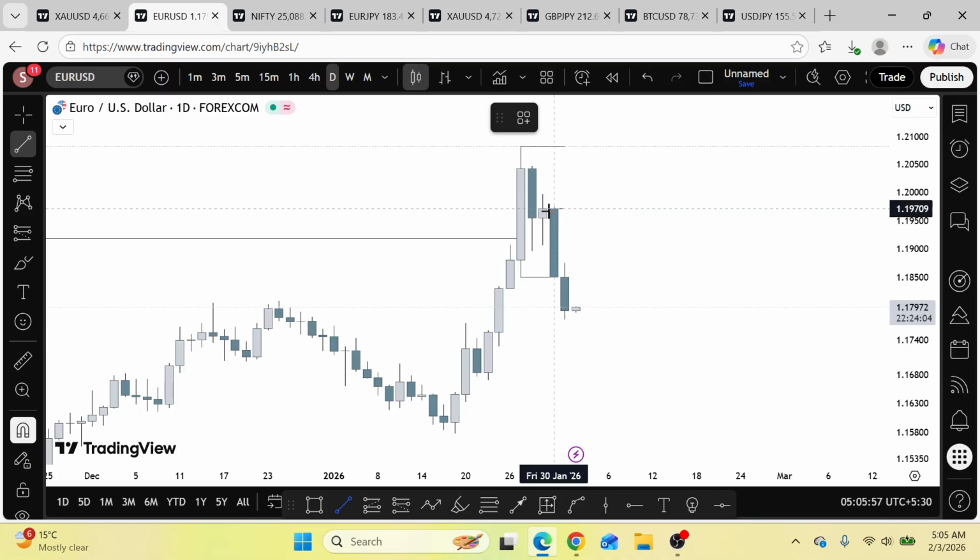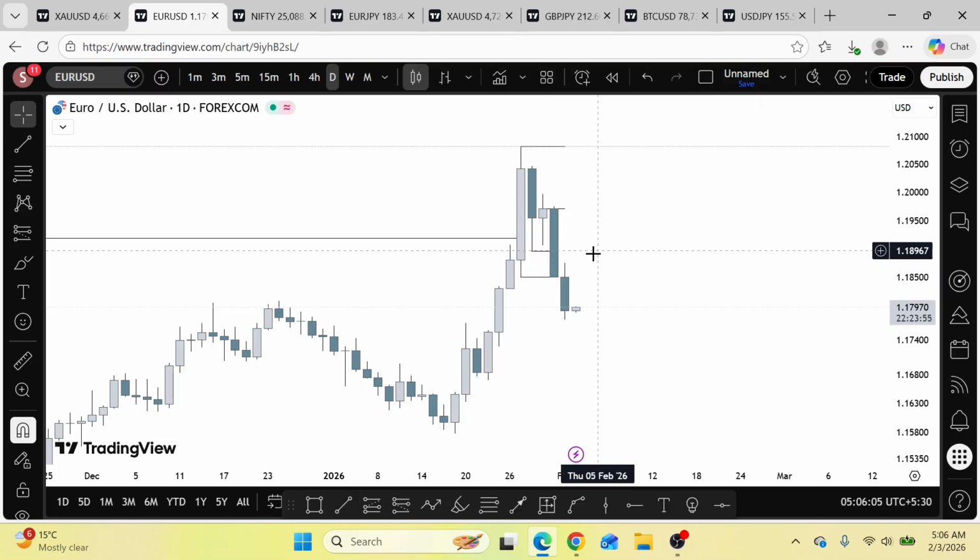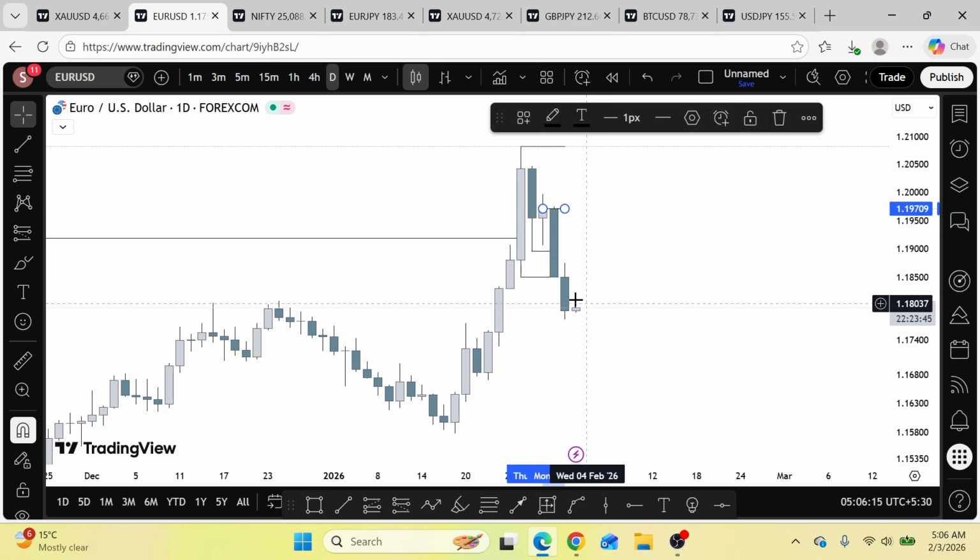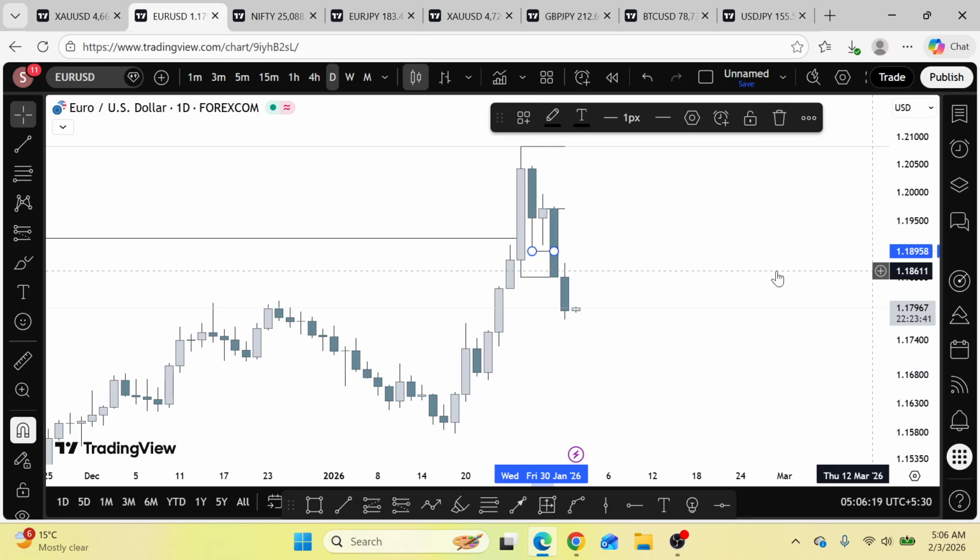When price was at 1.19709, I saw that I also had the Wednesday range nearby. So we had two downside liquidities. First was the Wednesday range, which is just nearby the price. Price was at 1.19709 and the nearest liquidity was available at 1.18958.